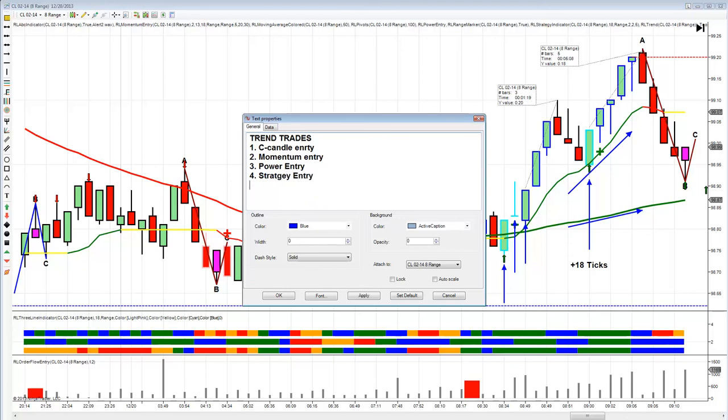What do all these have in common? The 15 and 50 must move in the direction of the trade. And all of these are retracements into an intact trend.